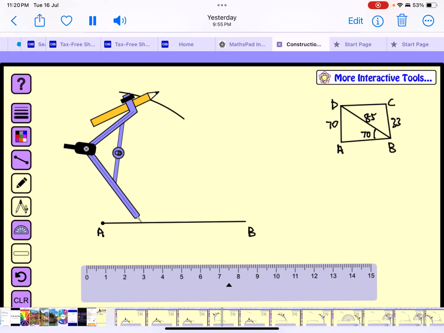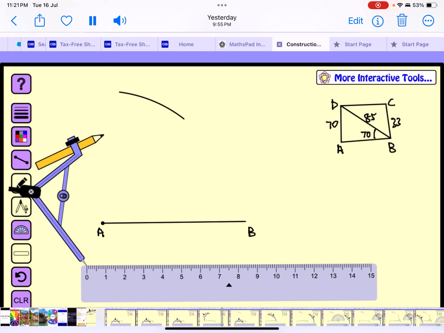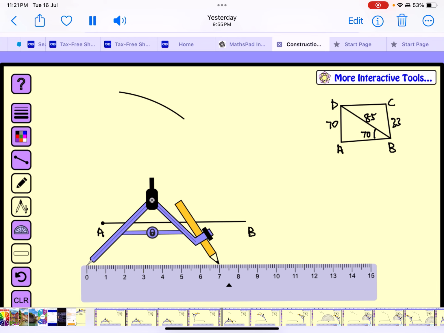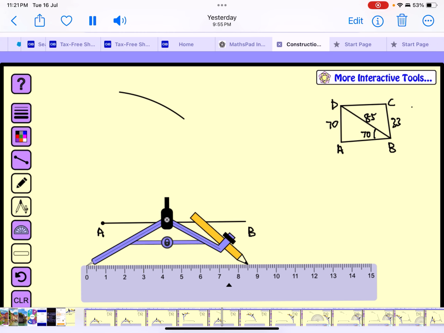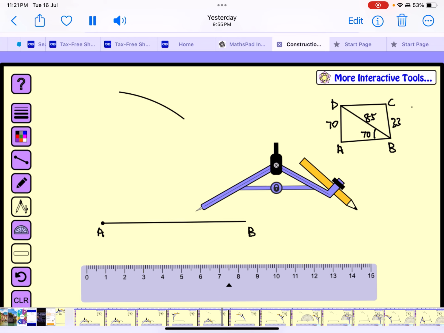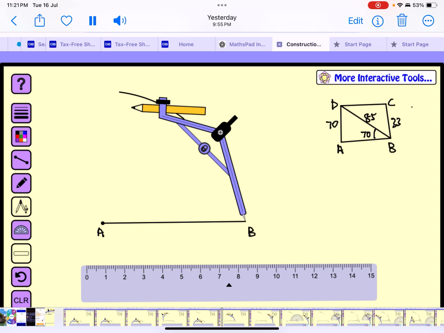Next, we want to draw the side BD, which is 8.5 to represent 85. So we take a measurement of 8.5, place at B, and draw the arc.